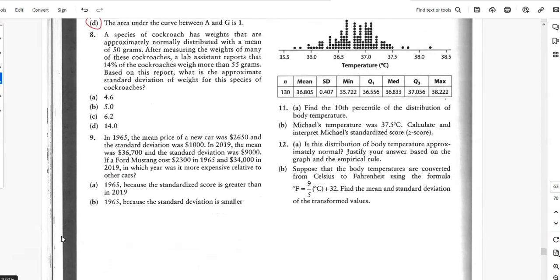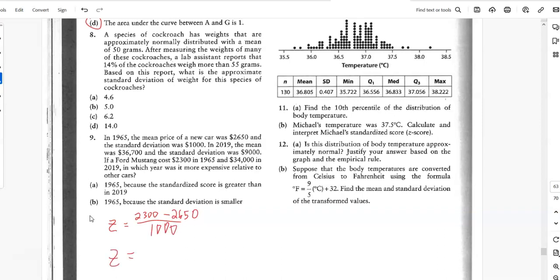Okay, in 1965, the mean price of a new car was that, and the standard deviation, and then 2019. So we're trying to compare these, right? The 65 we're going to do first. So z equals the mean price was $2,300. So 2,300 minus 2,650 all over 1,000.